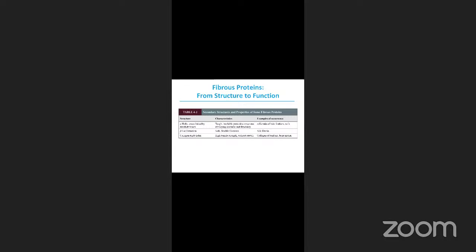They are structural, mostly. And keratin consists of alpha helix majorly. Silk fibroin, that is silk threads, are made up of beta conformation. And collagen has triple helix, not two helical structures but triple helix, which is present in the tendons and bone matrix.